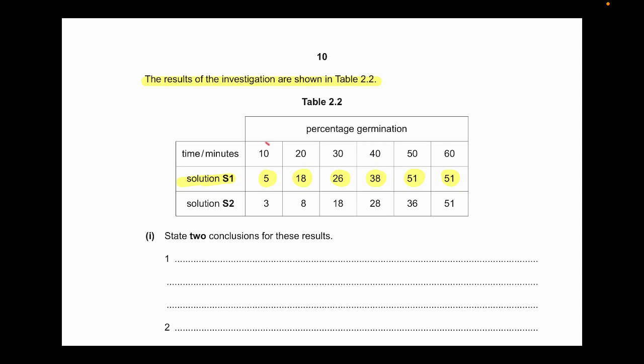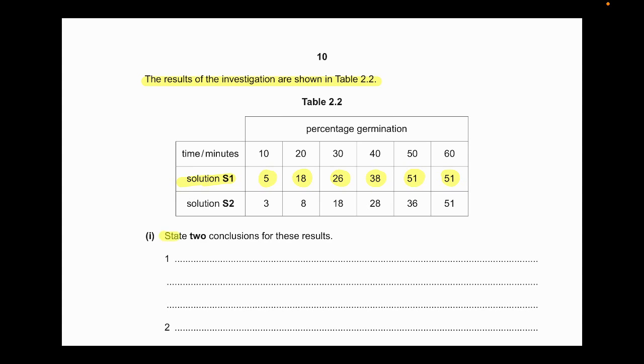In solution S2 at 10 minutes we had 3, then we had 8, 18, 28, 36 and 51. So we can see at 60 minutes both solution S1 and S2 had the same percentage of germination. However, solution S1 has a generally higher percentage of germination until 50 minutes. We can also see that the percentage of germination in S2 did not plateau until 60 minutes.